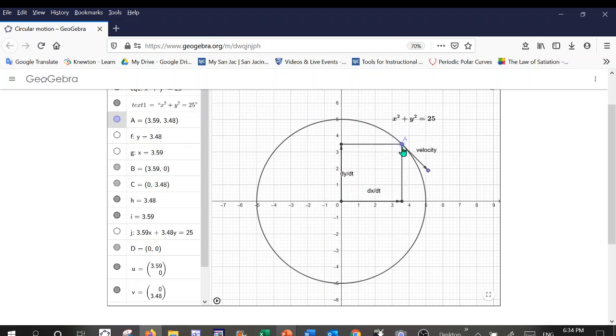How do we know that it's moving clockwise but not counterclockwise? Well, look, this is the point (3, 4), right? When x is 3 and y is 4. And we are told that at this point, dx/dt is positive. So that means x is increasing. So this has to go this way for x to increase.